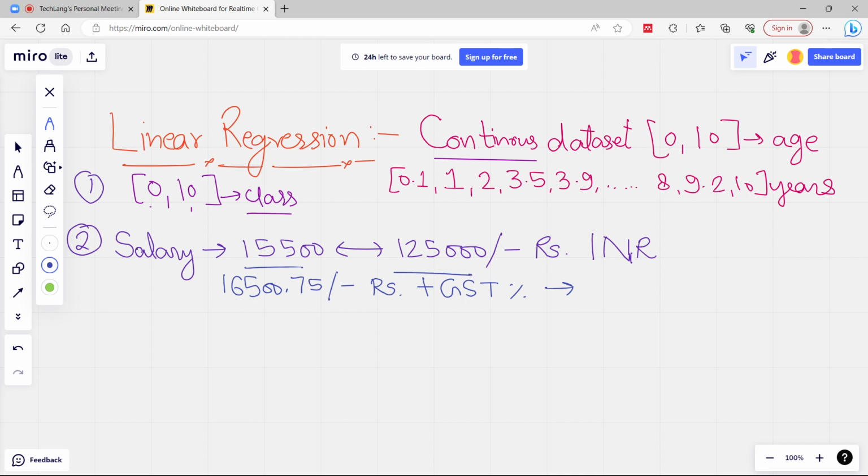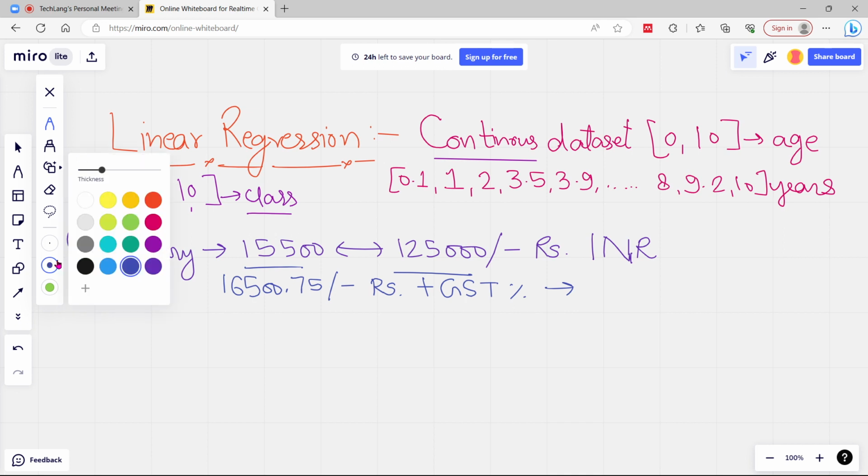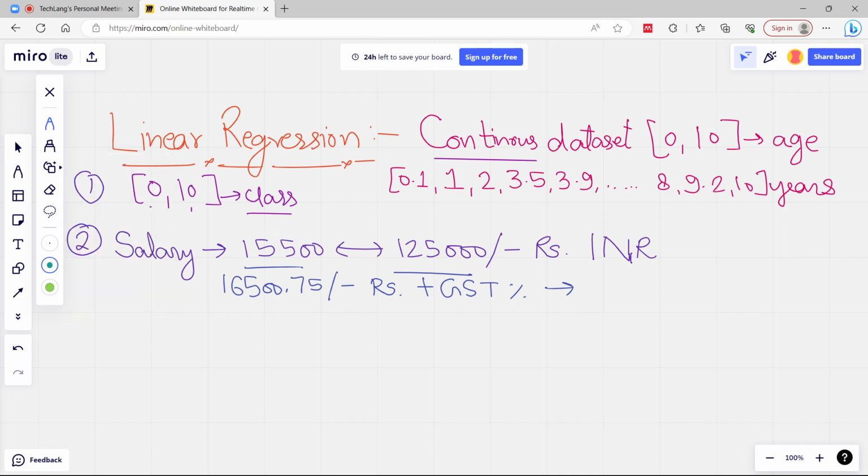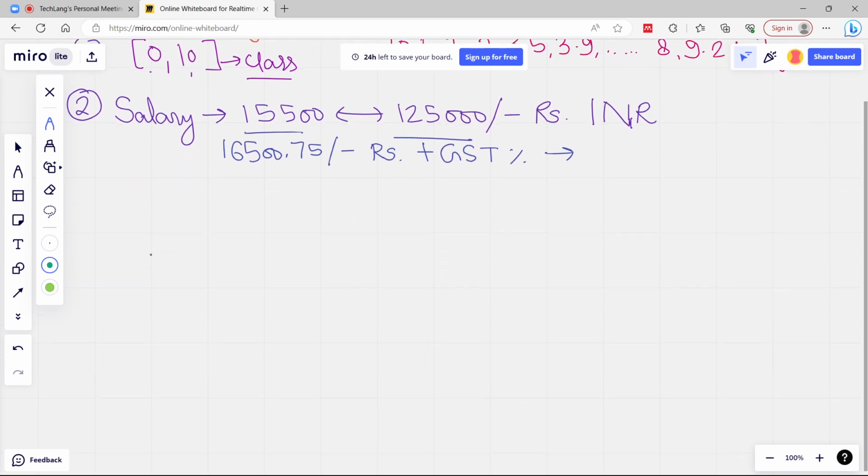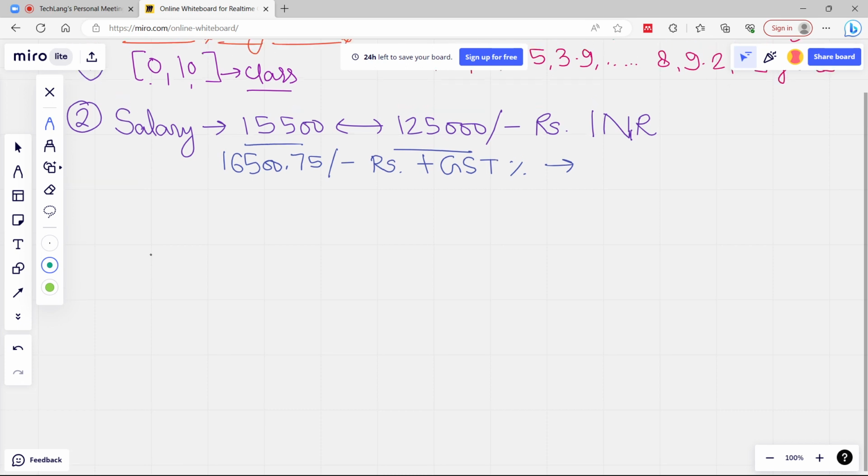In between these two, I cannot easily predict any value, or all the numbers will be continuously increasing or decreasing. Do you agree with my point? So this is the definition of a continuous data set. Do you have any doubt?